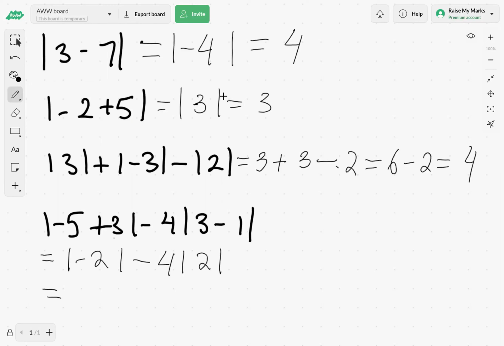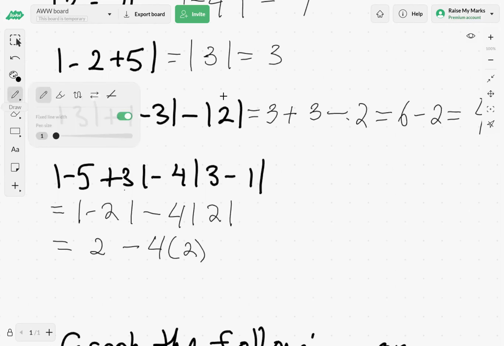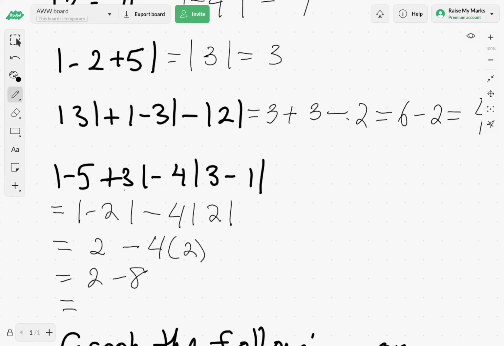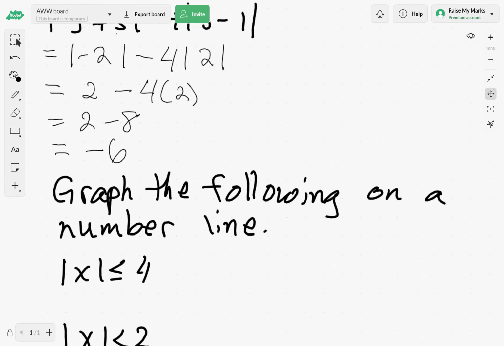Now we're going to apply the absolute value. Absolute value of -2 is 2 minus 4 times absolute value of 2 is 2. And we have 2 minus 8, which is -6. Good.